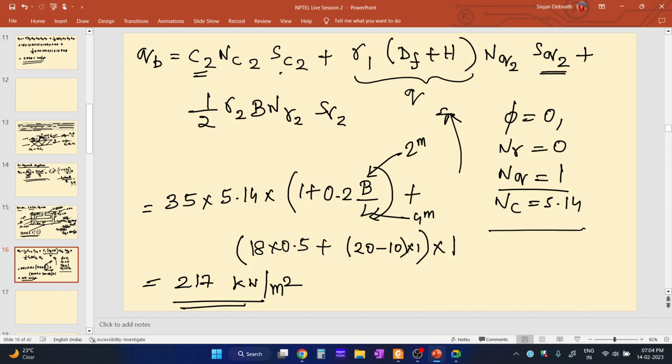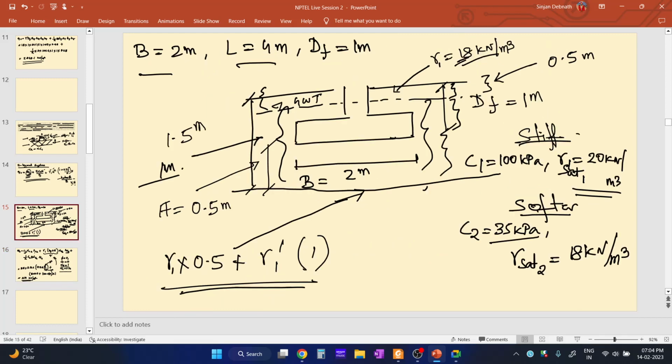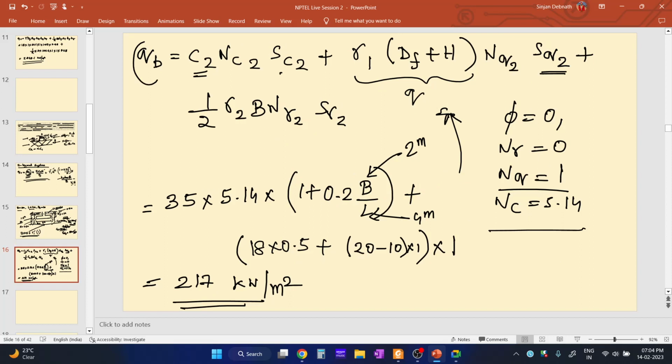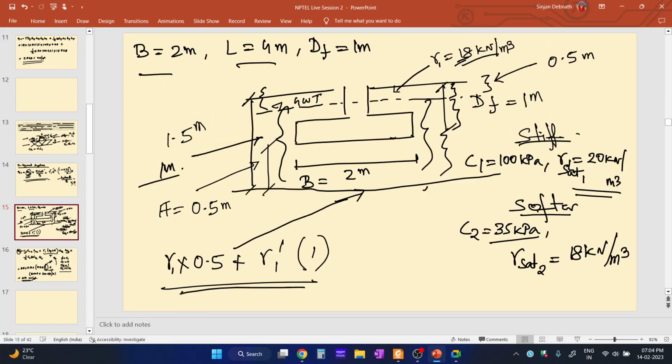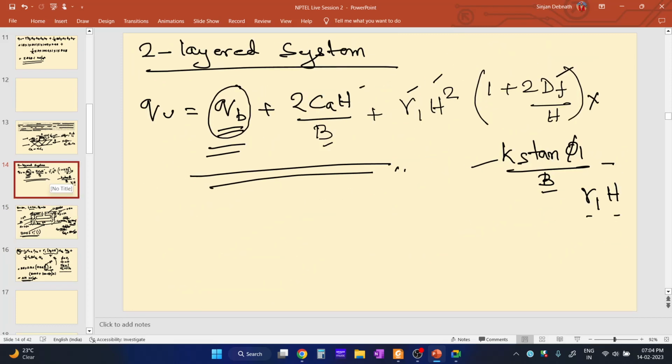So this one is the ultimate bearing capacity of the second layer, of the softer layer, that is QB. We will need this when we calculate the bearing capacity of the two layered system. So in this equation, QB is this part.